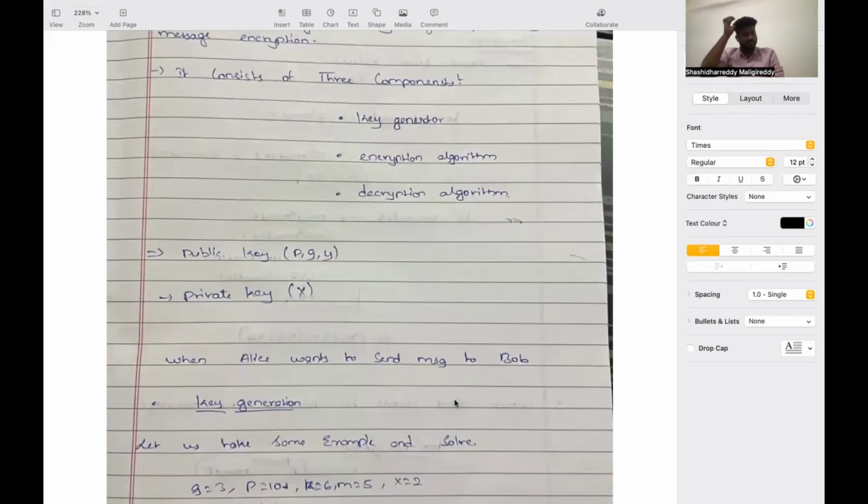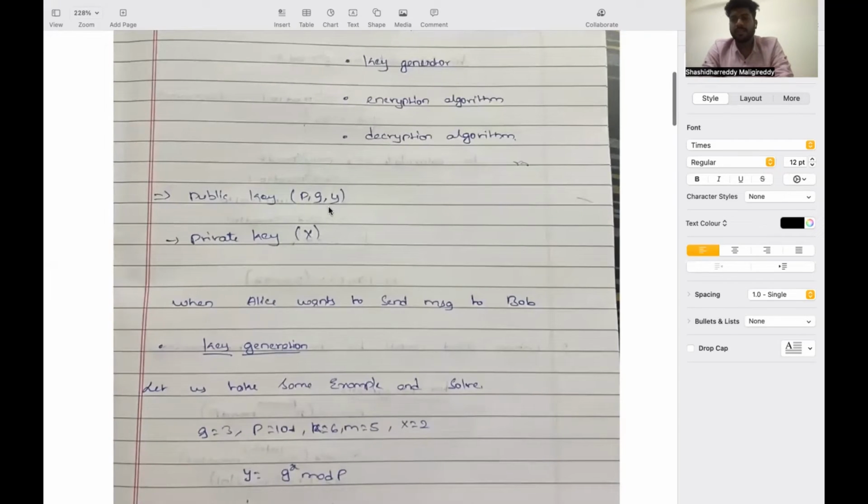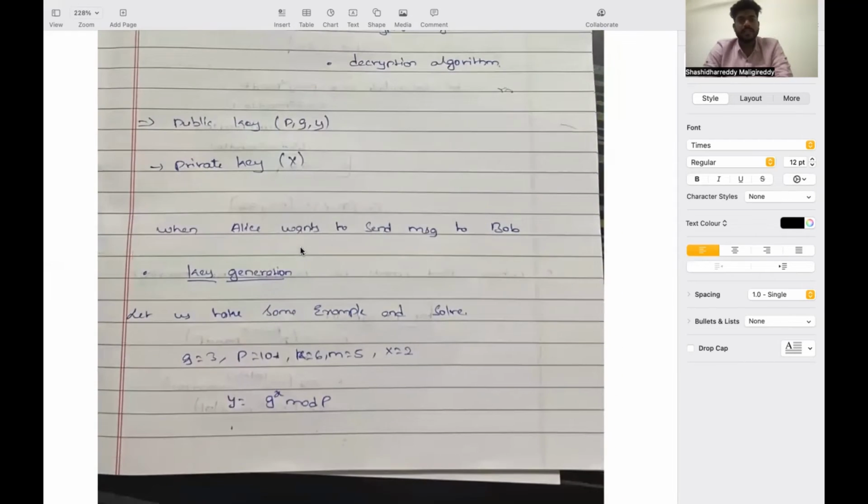In the ElGamal cryptosystem, first we need to generate the private and public keys for the sender. Let us take the public key as p, g, y and the private key as capital X. I've taken a scenario where Alice wants to send a message to Bob, but no one should see or interfere with the message.